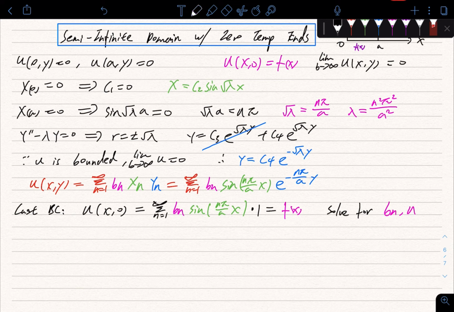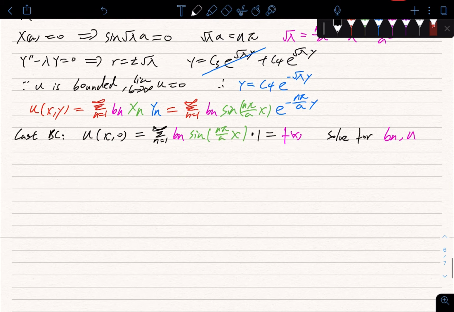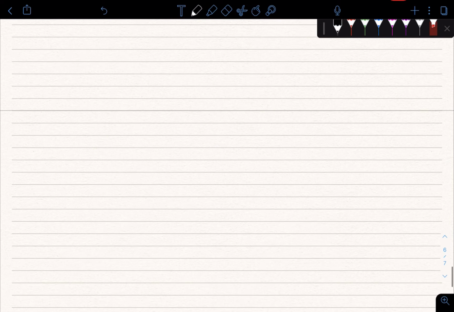So this is one case for the semi-infinite domain, and the second case is our final topic. I don't think we have enough space in here, so we're just gonna move down.